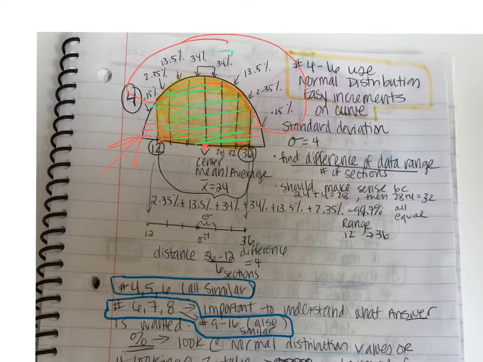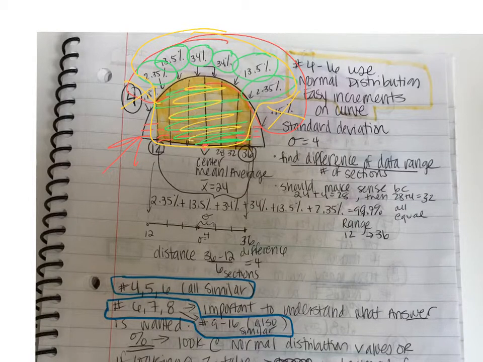If you add up 34 plus 34 plus 13.5 plus 13.5 plus 2.35 plus 2.35, and discard the ends, so you don't include the 0.15 and 0.15, all of this highlighted region is 99.7%, right?